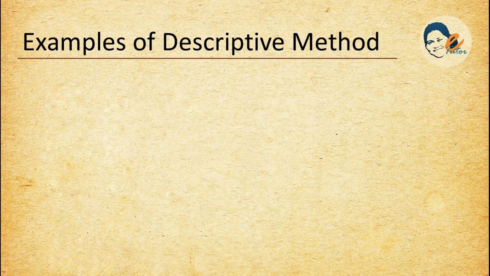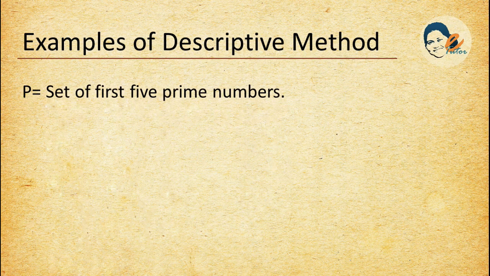Here we have some examples of descriptive method. As in roster and set builder method, first we have to give a name to that set. Then we just have to describe the set. Here capital P is the name of the set and it represents the set of first 5 prime numbers.